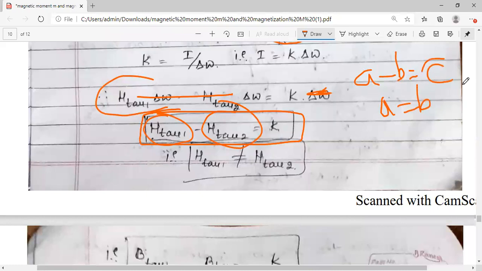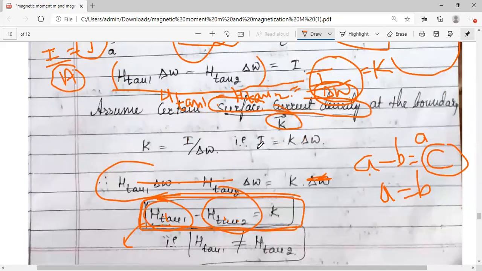It is very simple. Assume C equals 0. If C is 0, then A will be equal to B. In that sense, when your H values of tan 1 and tan 2 are the same. What are tan 1 and tan 2? H tan 1 is the tangential component of the AB line and H tan 2 is the tangential component of the CD line.